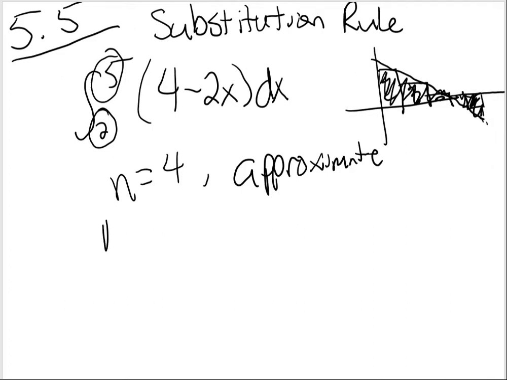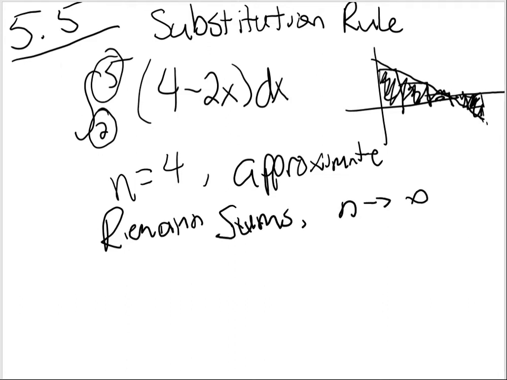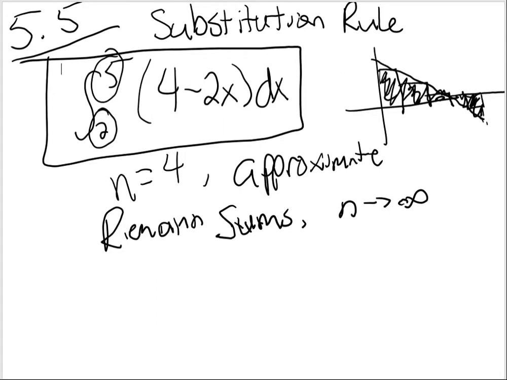Then we said, okay, let's look at Riemann sums. Let's just look at the sum and take it as n goes to infinity. What does that give us? That was the definition of what an integral, what this notation means.